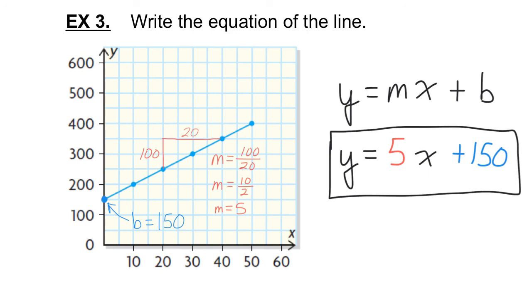So don't just count squares. Make sure you pay attention to the scale so that you get an accurate slope. Other than that, that's pretty much all you do. Find the y-intercept, find the slope, plug it in for m and b, and you have your equation. So there you have it. We can make a graph using an equation or make an equation using a graph.